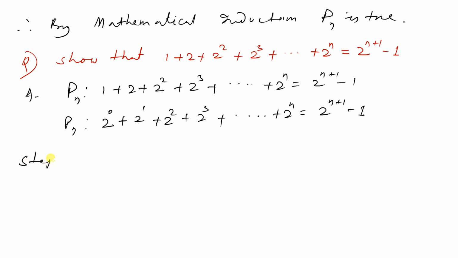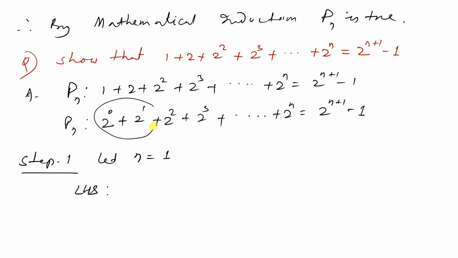Step 1. Let n is equal to 1. Find out the left hand side, LHS. This kind of question you have to find LHS and right hand side. In the previous question there was no need to find LHS, as there was no LHS or RHS. LHS: put 1 in place of n.